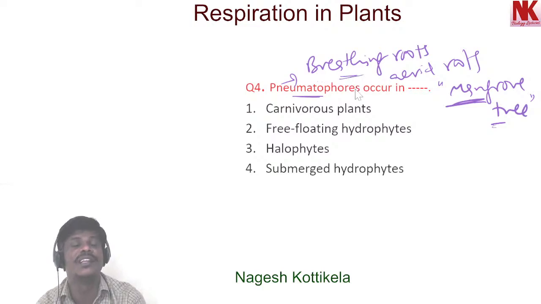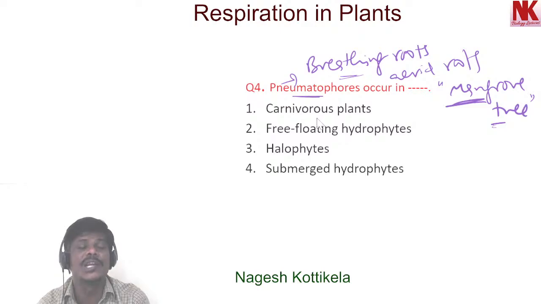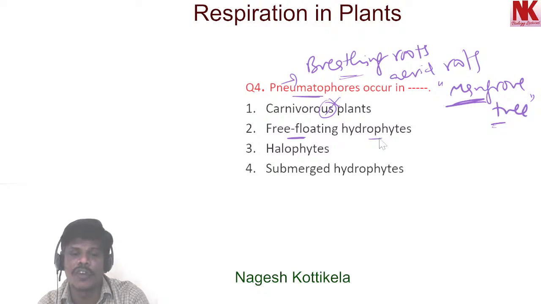Option 1 carnivorous plants: no, carnivorous plants depend on certain insects for their nutrition. This is wrong. Free floating hydrophytes: this is wrong, they are not found in floating plants.